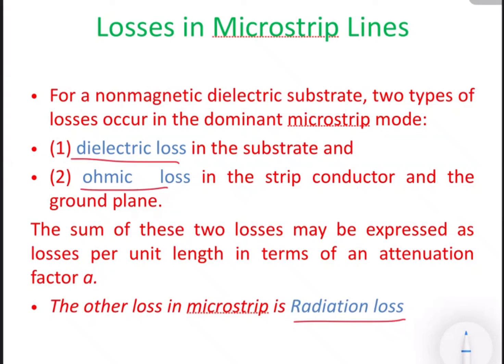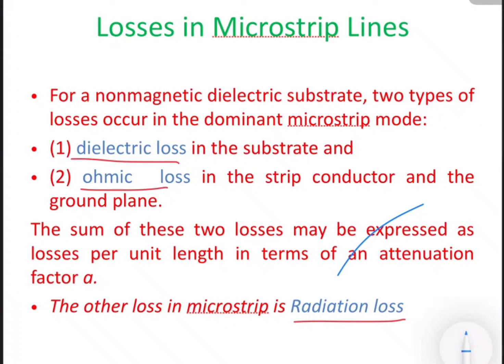In major, we find the dielectric loss, ohmic loss, and radiation loss in microstrip line, whereas the attenuation loss is found in parallel strip line.